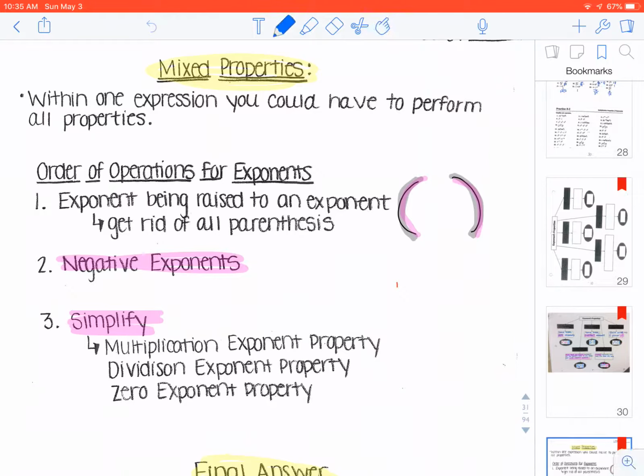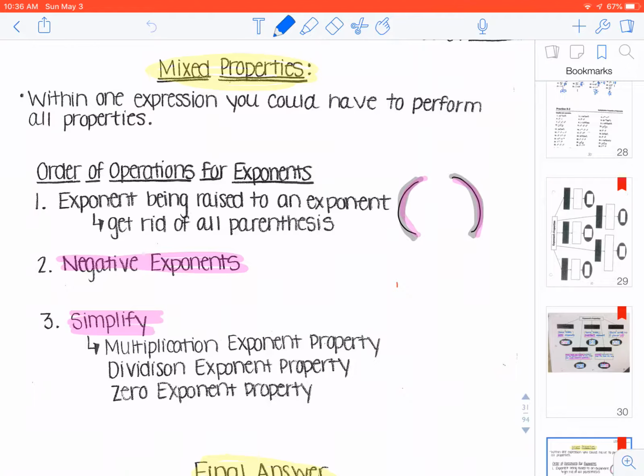Okay, so when we have a problem that has more than 1 or 2 properties involved, what you're going to do is step 1, get rid of parentheses. So clear your parentheses. Step 2, we're going to get rid of negative exponents. Step 3, we're going to simplify.